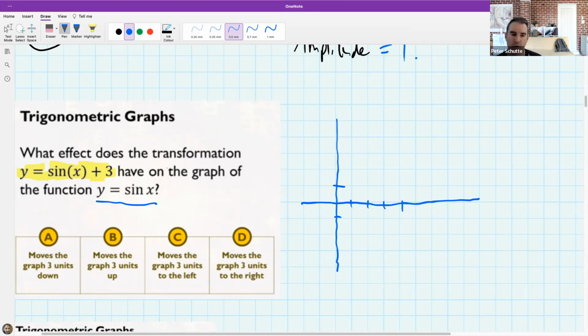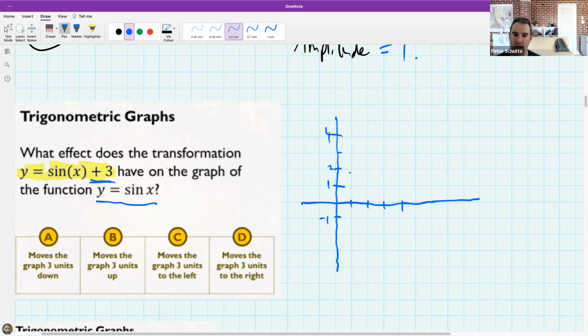Okay, so basically what happens is that the +3 shifts the whole graph up. So normally your sine graph would be between 1 and -1. But because of the +3, if -1 was the bottom, it's now going to go up and start all the way up here and then go all the way up to 4, up here.